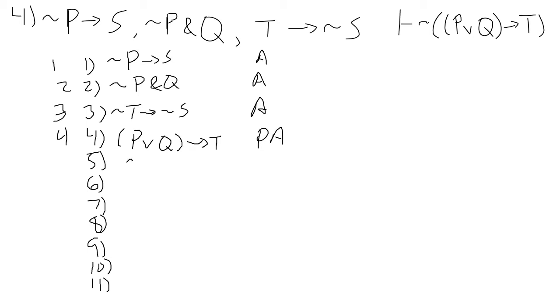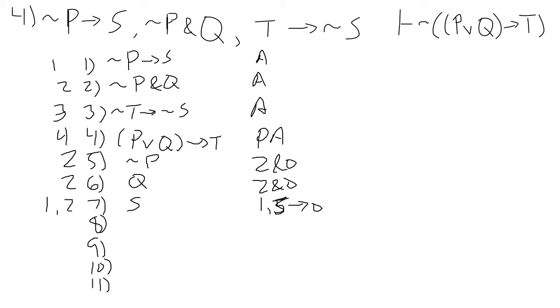Well, the only thing we can really do is break up 2 right away. So we'll do that. 2 and out, 2 and out. Then we can toss a tilde P into our conditional statement 1 to get S. So that's going to be from 1 and 5, arrow out, and 1 and 5 have 1 and 2.